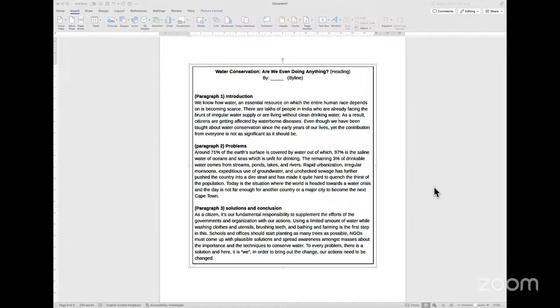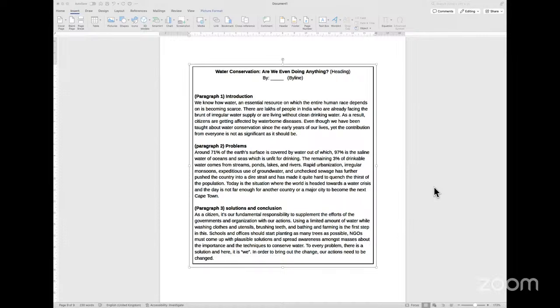So the reason why this is an article and not a report is, if you see the format itself, it has a headline and it says article written by. There's a byline underneath, and then it has certain paragraphs. There is no formal way of starting or ending, just like we see in letters or in reports.